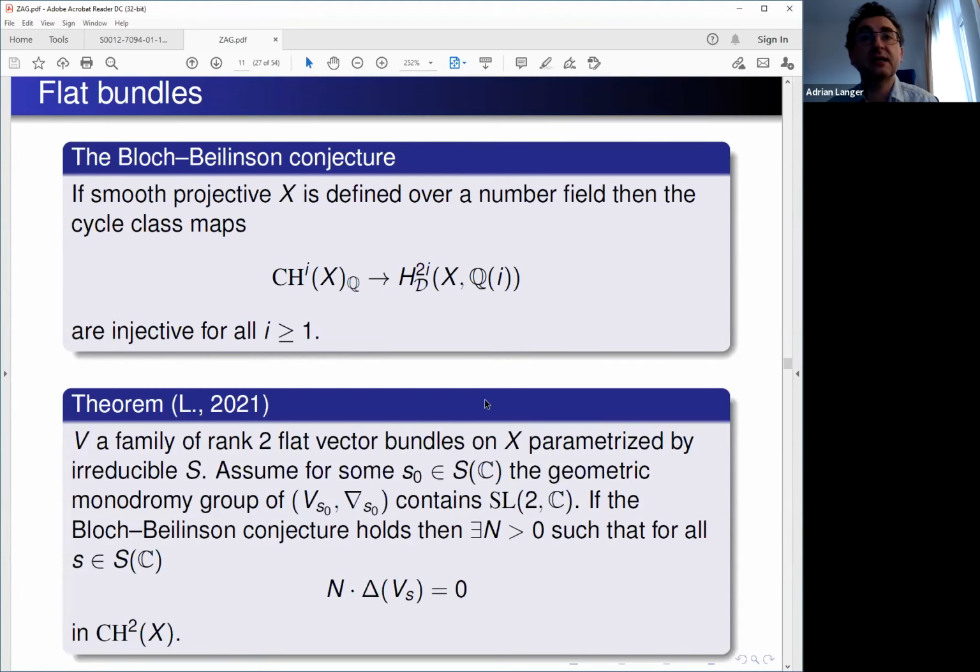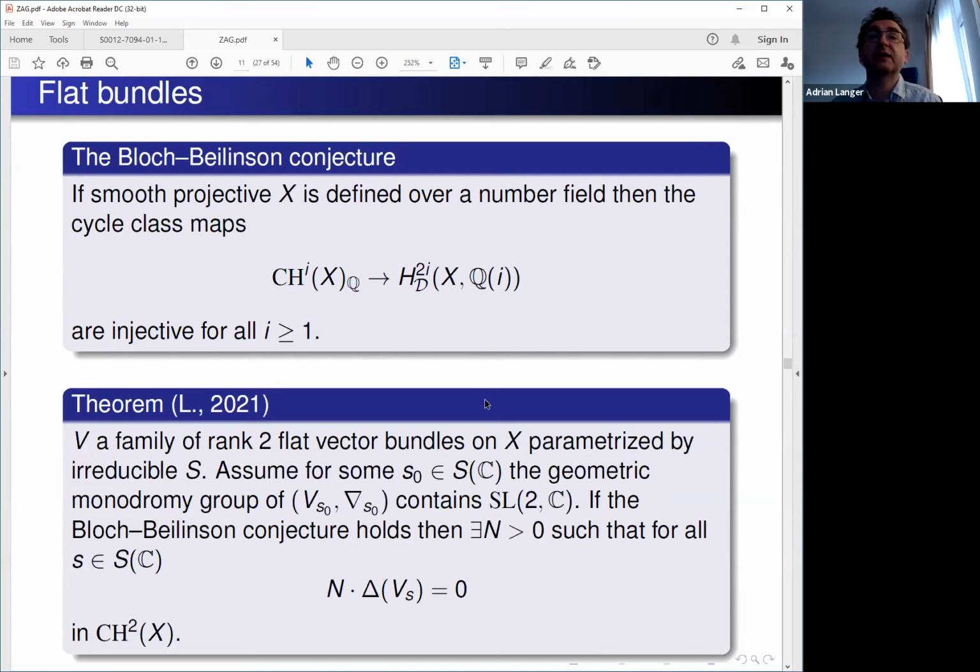So in general, I proved a result that somehow depends on this Bloch-Beilinson conjecture in the rank 2 case. So the result is the following. We have a family of flat vector bundles on, say, a smooth projective variety X, which is parameterized by some irreducible variety.